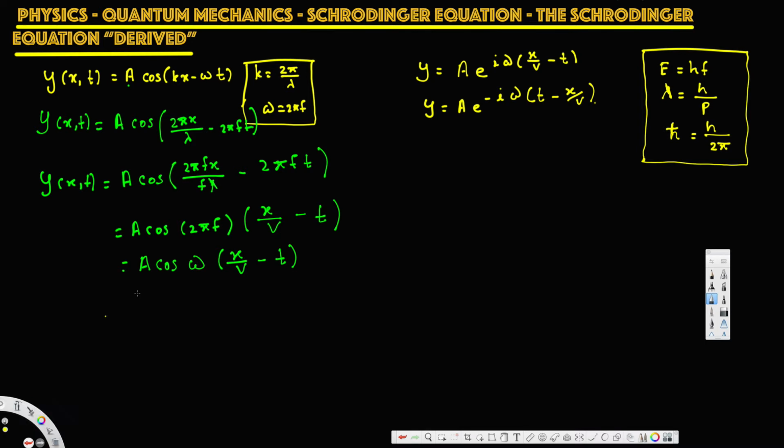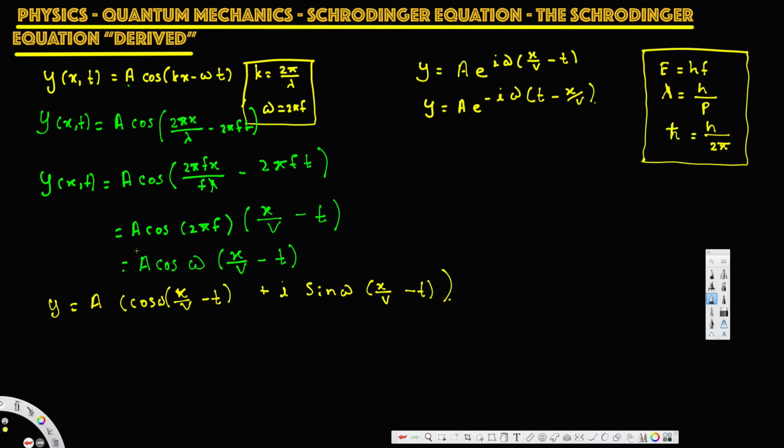If you expand this using the Euler expansion, when we have a complex exponential, that can be written as y is equal to a cos omega (x over v minus t), and plus, this is the real part, this is the imaginary part, a sine omega (x over v minus t). Okay, so this is the Euler expansion of this complex exponential.